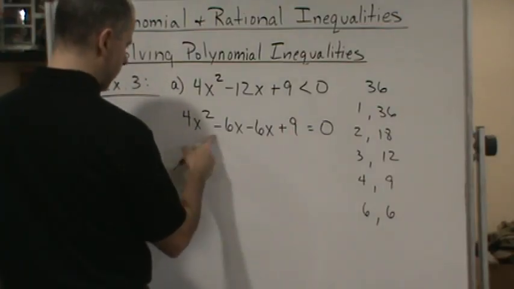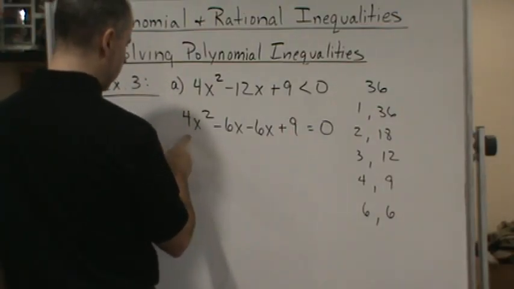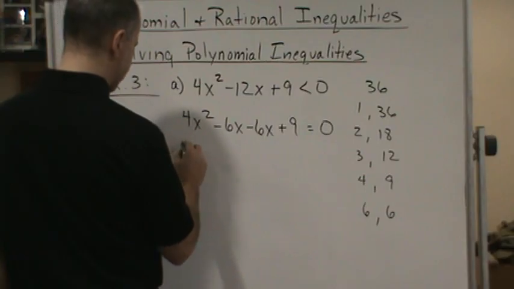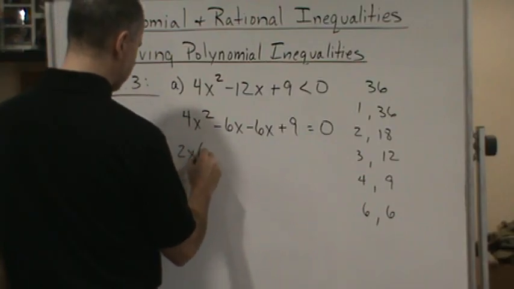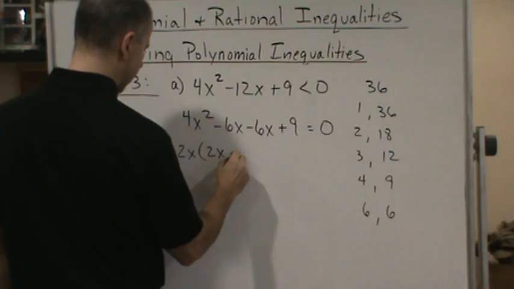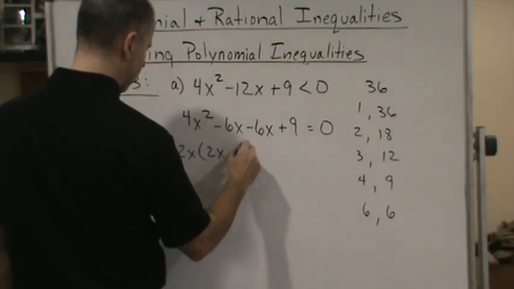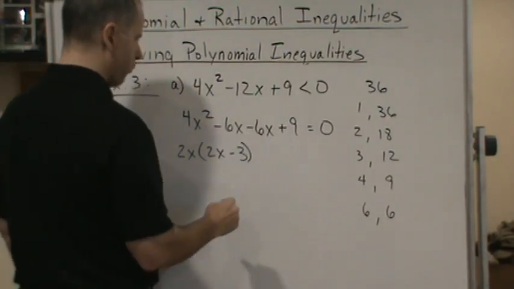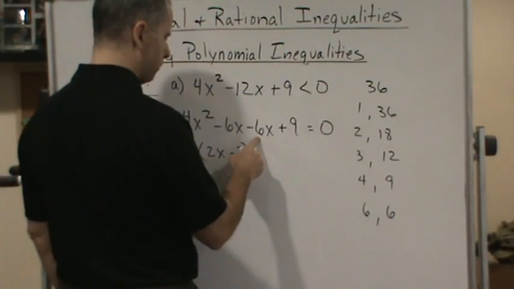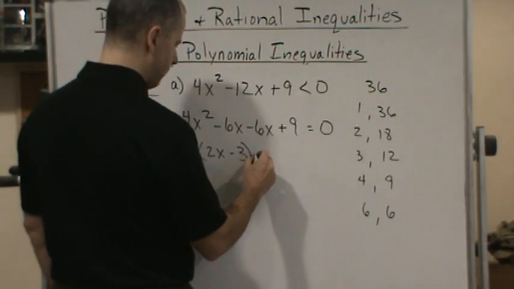If we factor out the greatest common factor here, that's going to be a 2x. So that'll give us 2x minus 3. And here I'm going to factor out a -3.